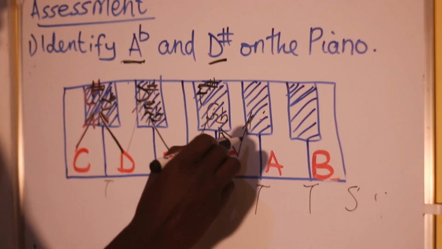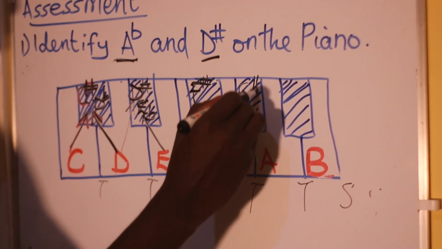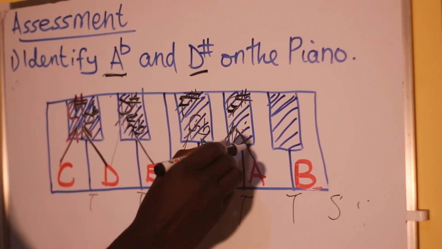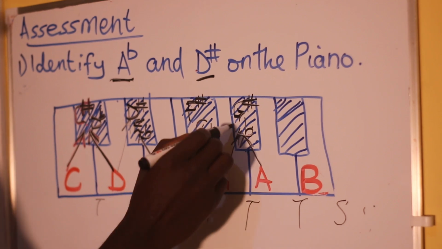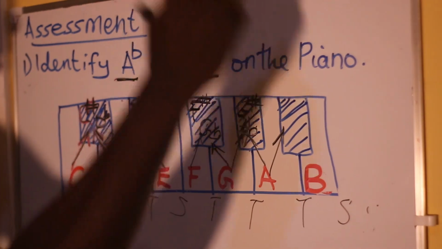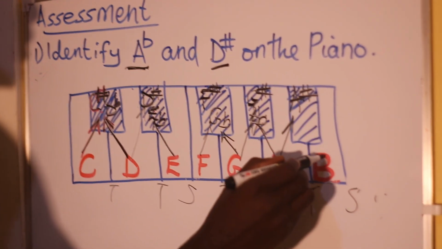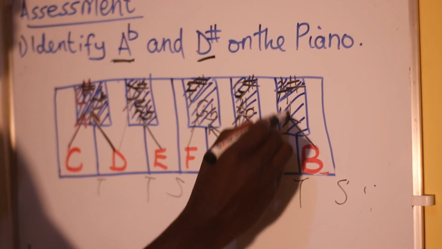Then G here, which is going forward and up, will be G sharp, which is going high. A will be coming back, that will be A flat. Then this A here, because it is going forward up, will be A sharp. Then this B, the final one, will be B flat.